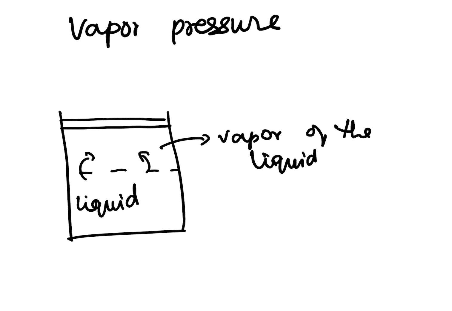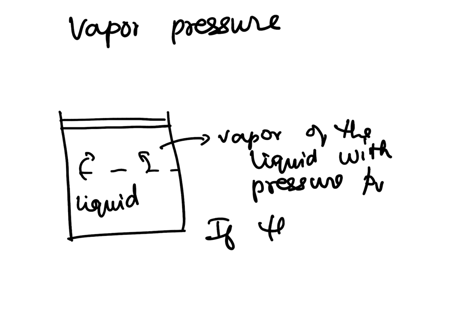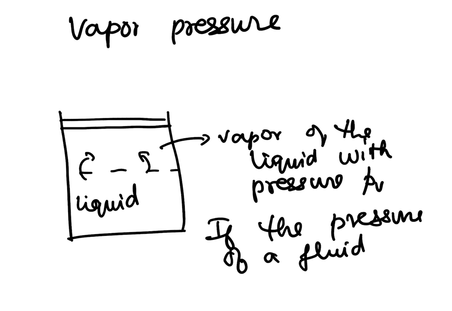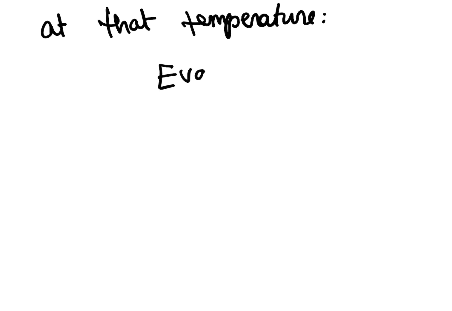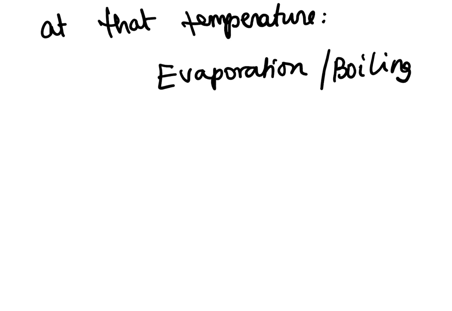Vapor pressure is the pressure exerted by the vapor, with pressure PV, and if the pressure of a fluid P falls below the vapor pressure PV at that temperature, then you have what is called evaporation or boiling.